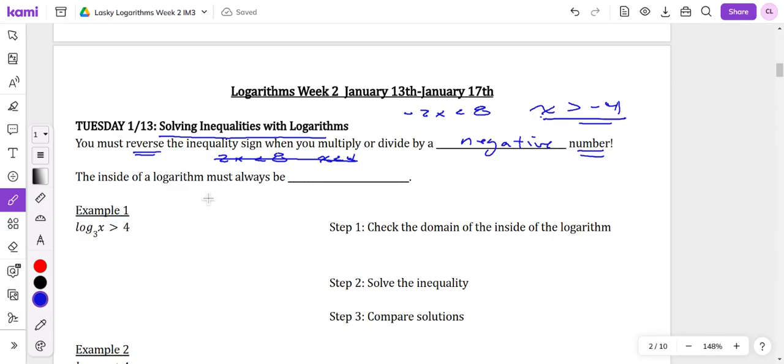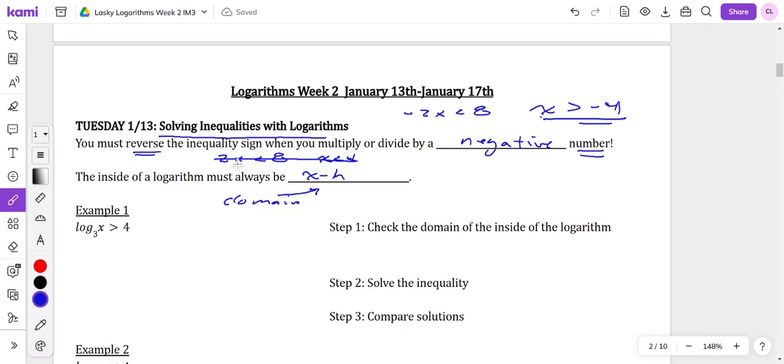The inside of a logarithm, the x minus h piece, must always be positive, because it must always be your domain.